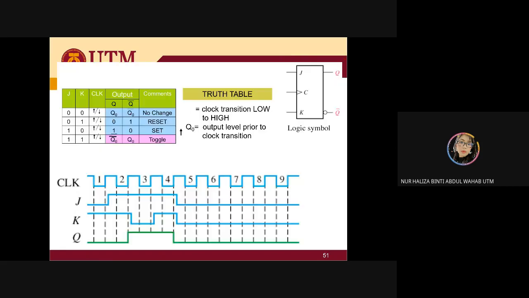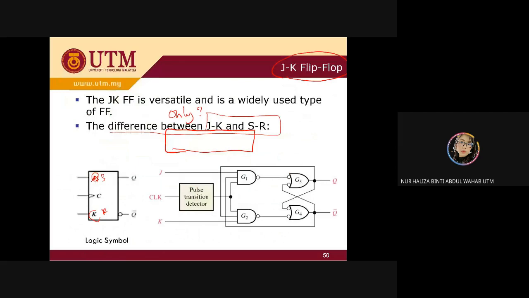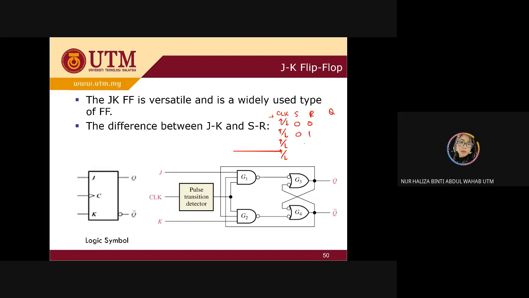So last time, for SR, I draw here. For the SR flip-flop, of course, you have the clock. Let's assume it's either clock up or clock down. Your SR and your Q: 00, 01, 10, 11 are no change, reset, set, and invalid.